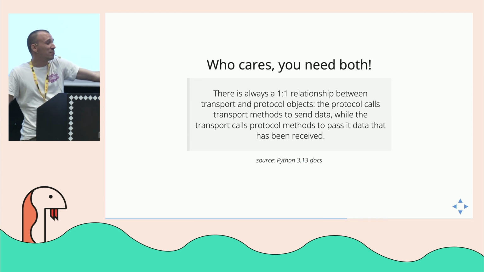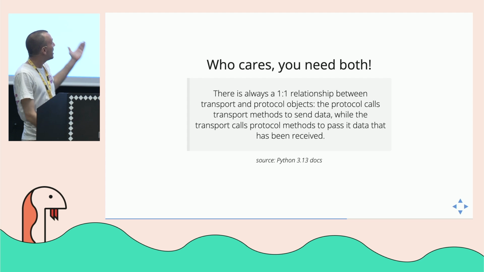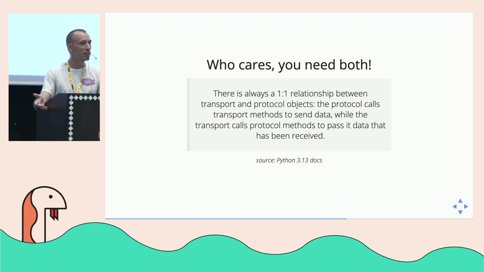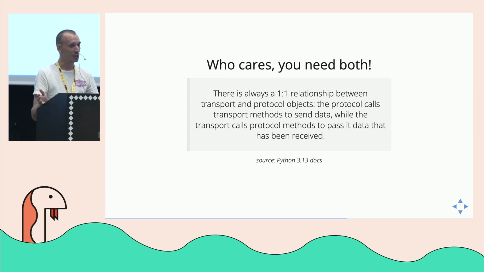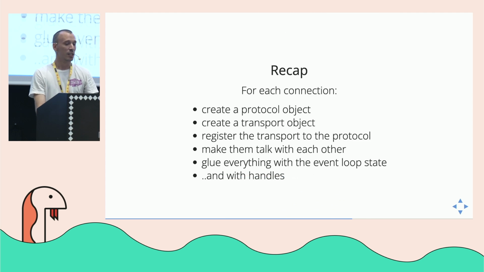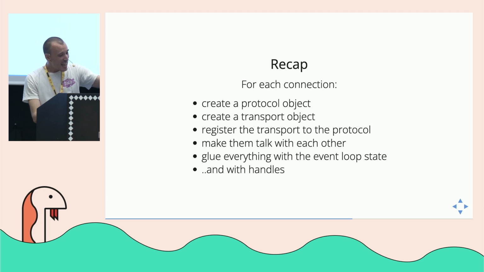But who cares? At the end of the day, you need them both. For every connection, you need a protocol and a transport. Two objects for every connection. Is that cool? I don't know. The event loop is simple. The abstraction layer could be better.